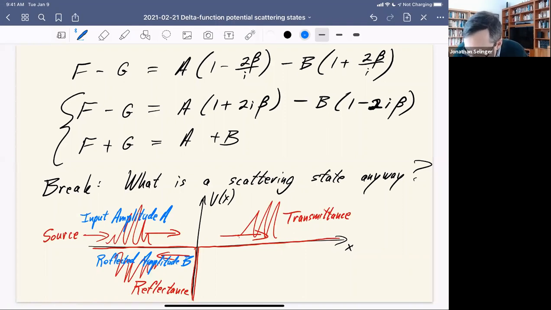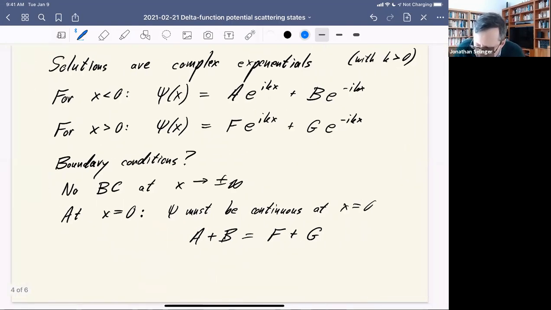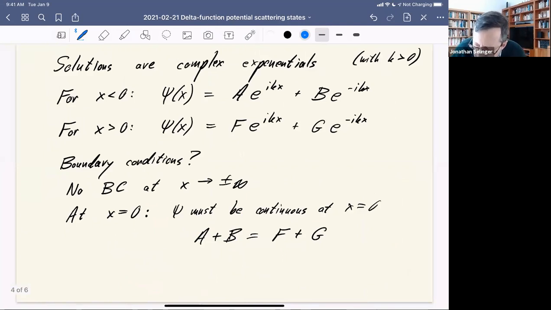Okay. And now what about on the other side? So the positive X side. On the positive X side, we think F is the amplitude of the wave going to the right, and G is the amplitude of the wave going to the left.